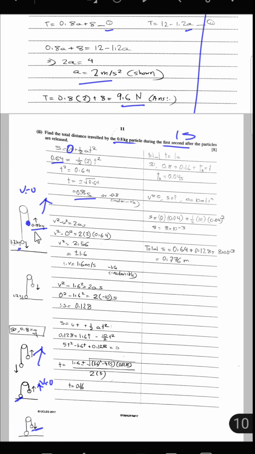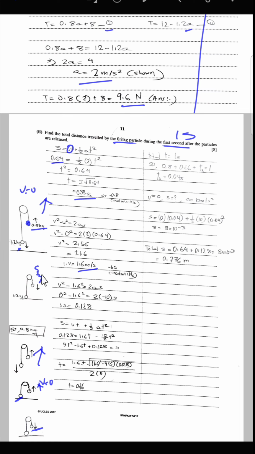And as the 0.8 kg particle has some speed, it would move up until its final speed reaches 0. As the 1.2 kg particle reaches the ground, the string becomes slack, so there is no tension in the string.